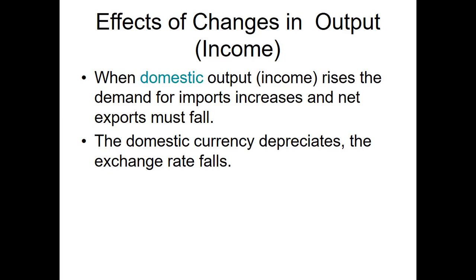Since more income is available, then all other things being constant, more people would be buying goods from abroad. So the demand would increase, and because the demand would increase, the net exports must fall. Why again? The formula for net exports is exports minus imports. Since there are more imports, net exports would be lesser.